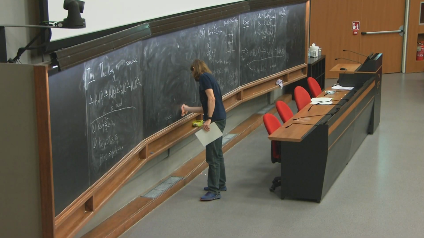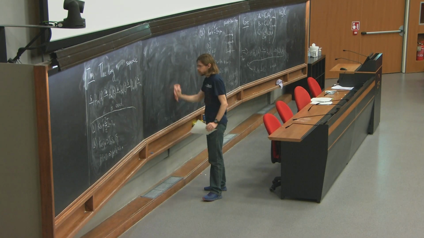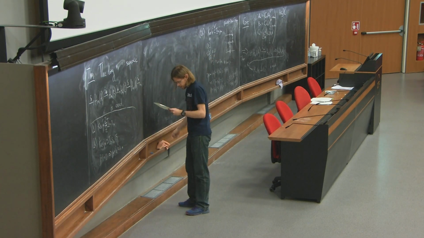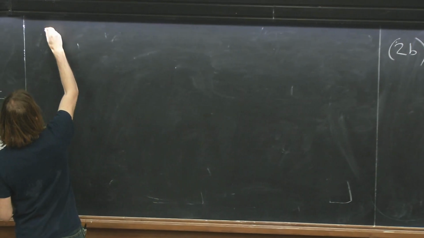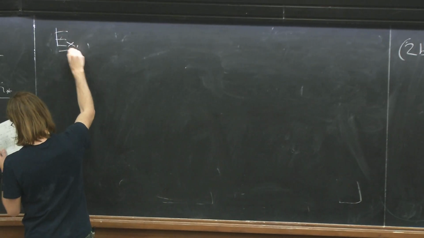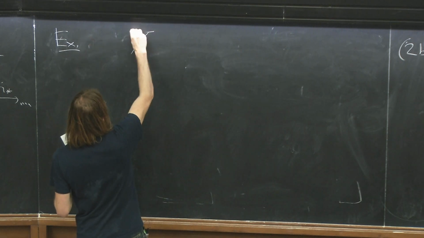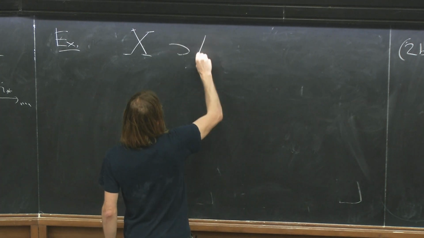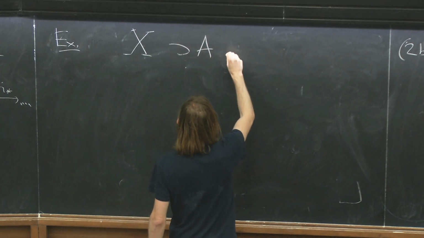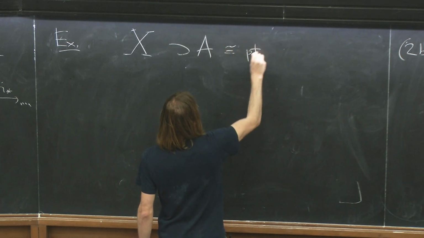So let us consider a very simple, kind of universal example, in the sense that it can be done for any space, in the following sense. For any topological space X, you can consider a one-point subspace.